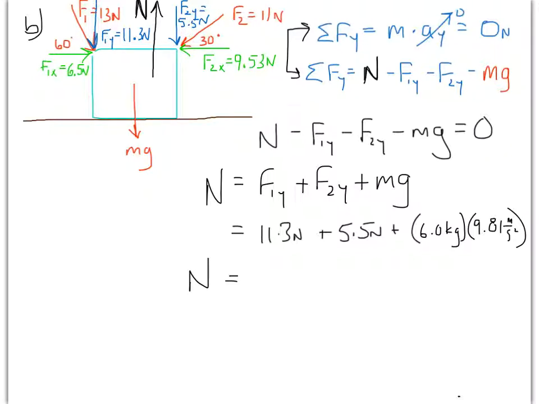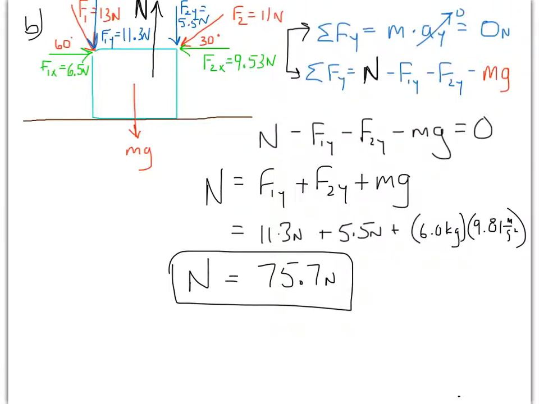So 6 times 9.81 plus 11.3 plus 5.5, I get 75.7 newtons. That's counteracting all those forces, the downward weight force, the downward push from this boy, the downward push from this boy as well.